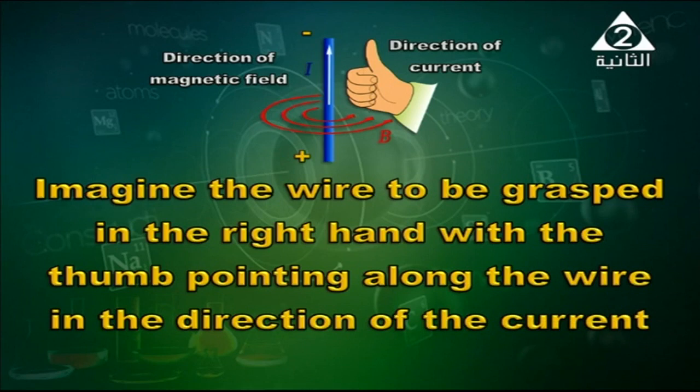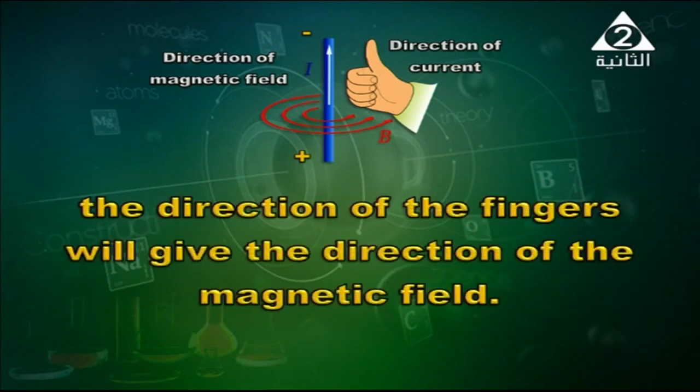So imagine the wire to be grasped in the right hand with the thumb pointing along the wire in the direction of the current. The curl of the fingers will give the direction of the magnetic field.